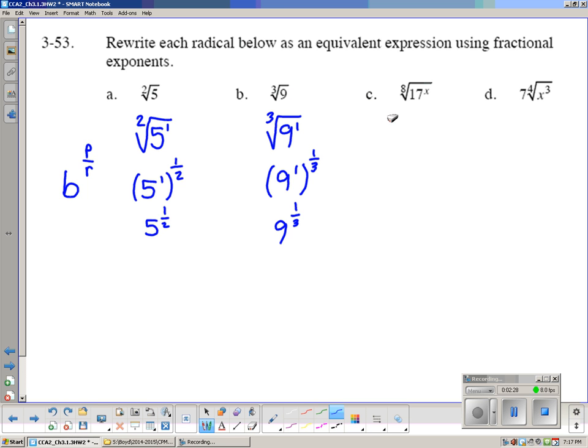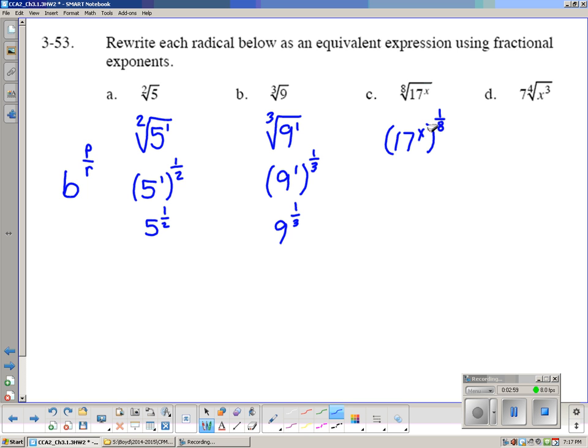Part C. We have the 8th root of 17 to the power of x. So when we look at this one, we have 17 to the power of x, and another way we can write the 8th root is by raising it to the power of 1/8.